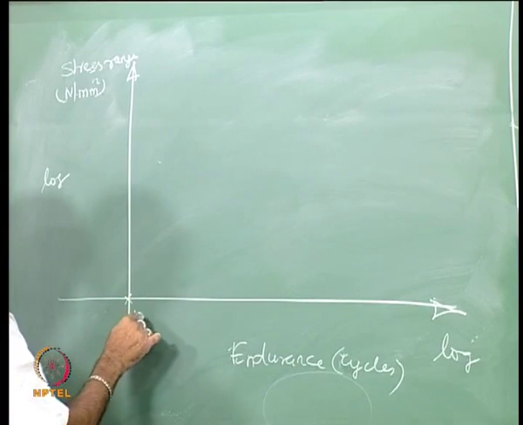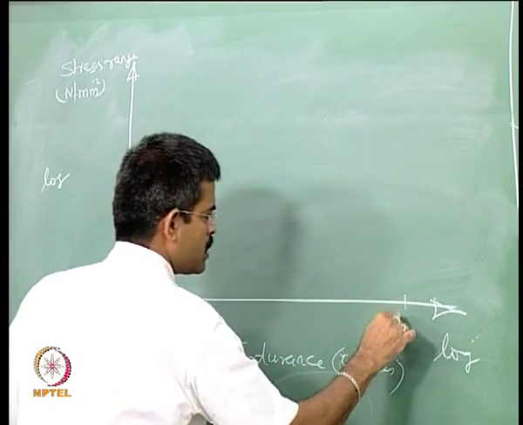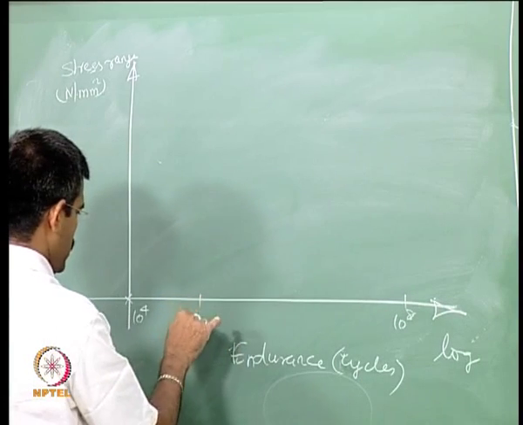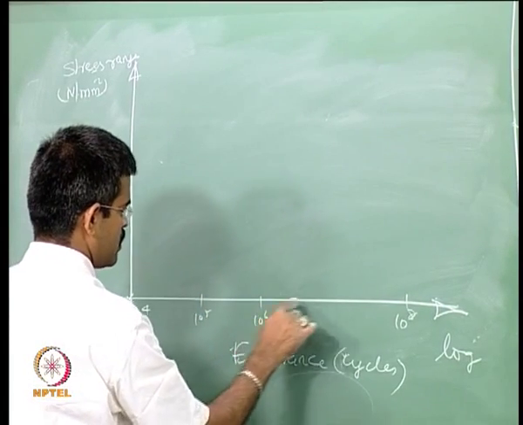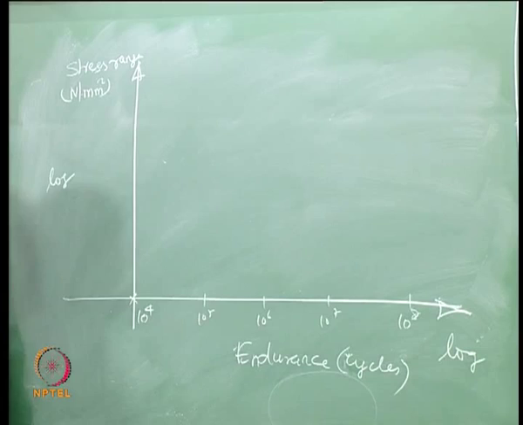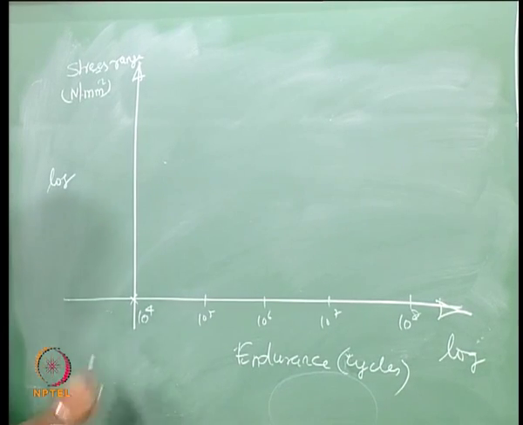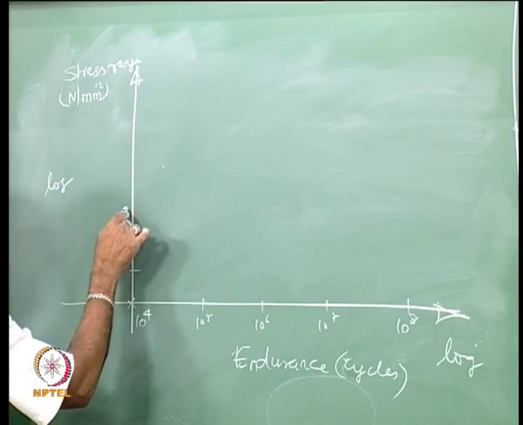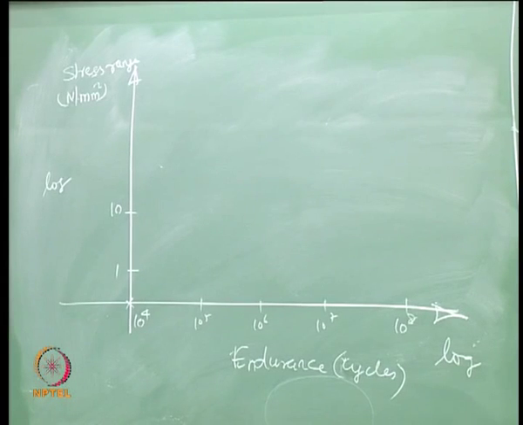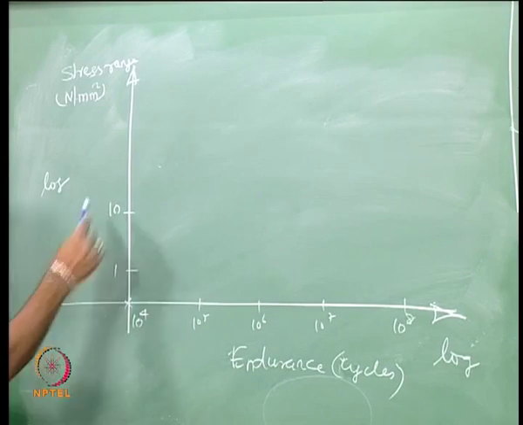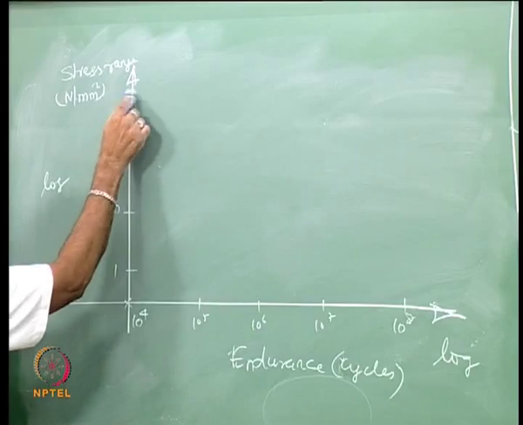So let us say this value is 10 power 4, let us say this is 10 power 8, 5, 6, 7, 1, 10, 100, let us say 1000.